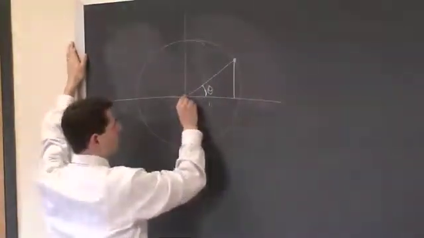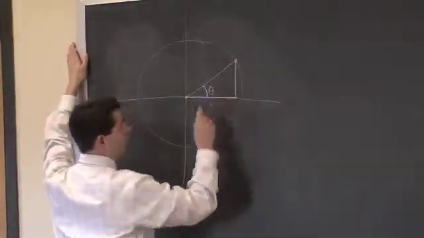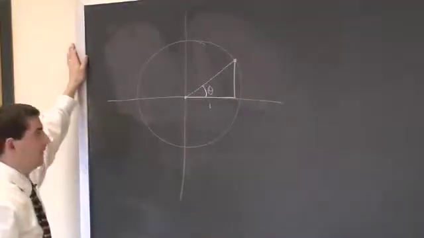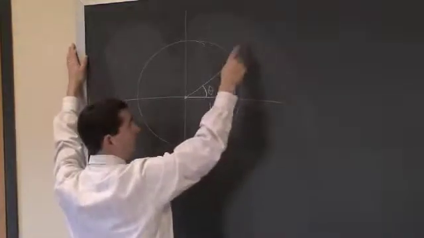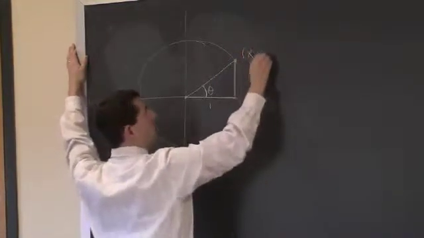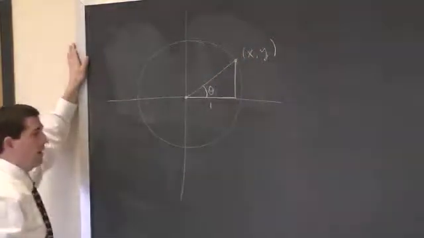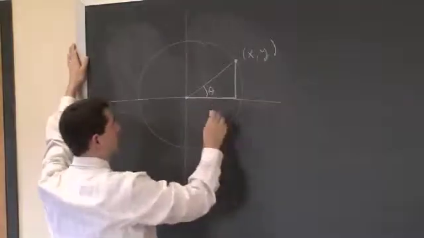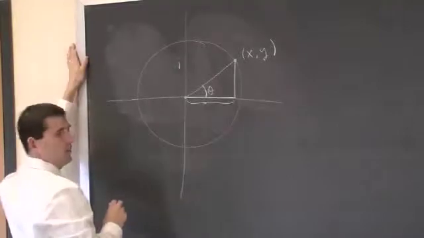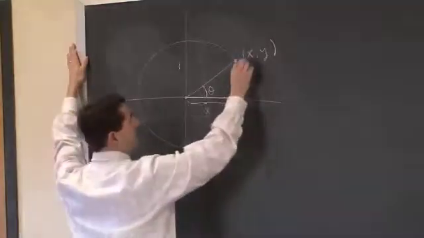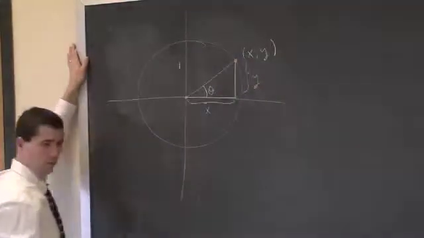Along with the x-axis, you get a right triangle. If the coordinate of that point is x comma y, then the base of this triangle has length x, and the height of the triangle is y.